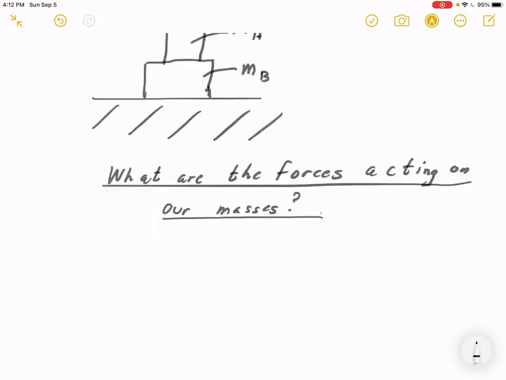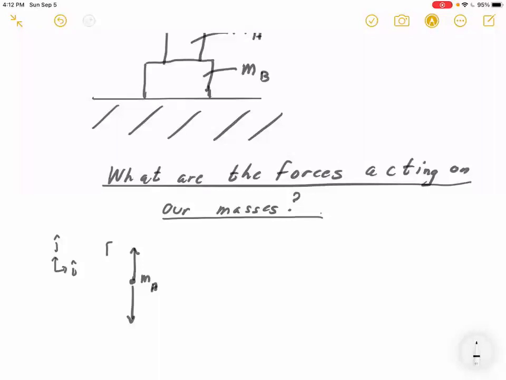So I want to again use that same trick. I want to essentially represent mass sub A as a point particle. And so there's a force, and again, I'll use coordinate systems that look like this.